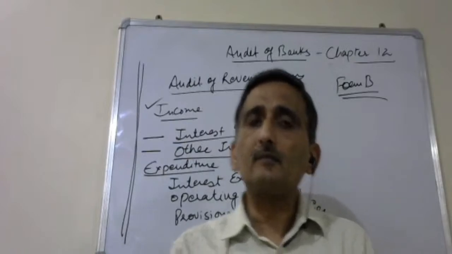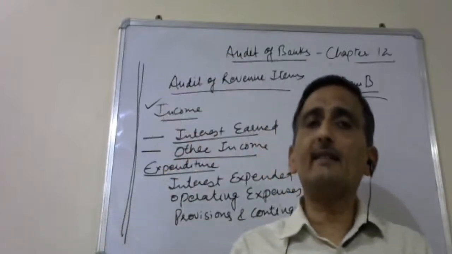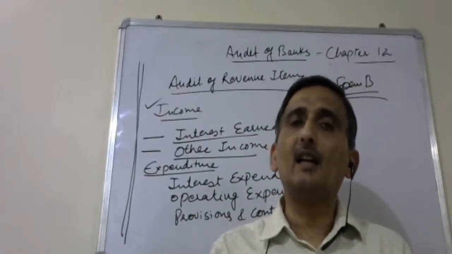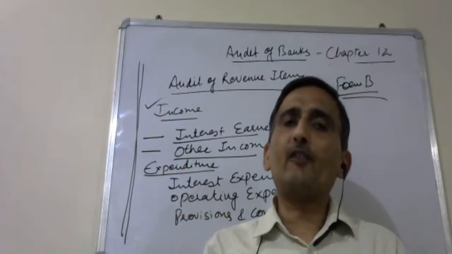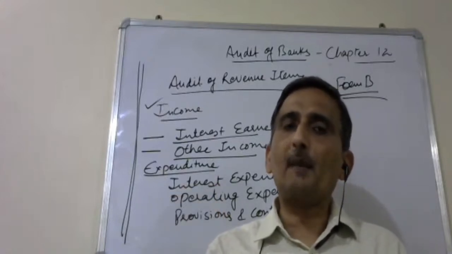Okay. So how is the auditor going to verify this? How is the auditor going to proceed with his work as far as it relates to verification of interest expended?